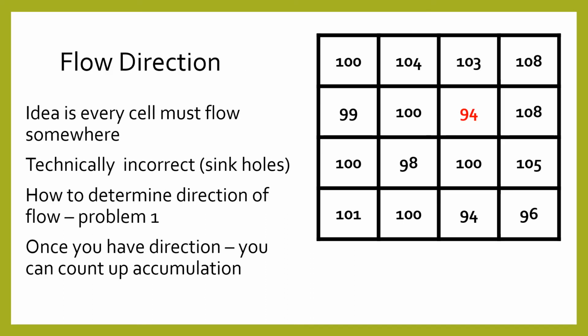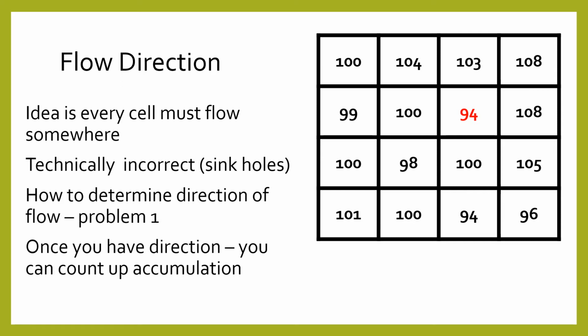Before you can calculate flow accumulation, you have to understand the concept of flow direction. And so this idea that everything has to go somewhere is technically incorrect because we have things like sinkholes. But in order to do complex interconnective hydrologic functions, we need it to behave like it has to go somewhere.